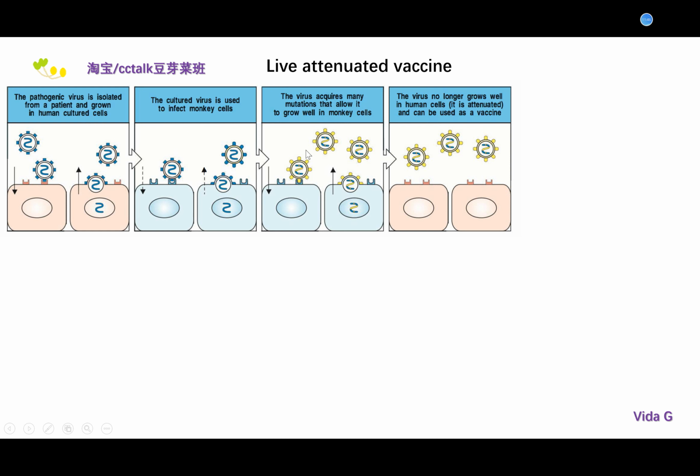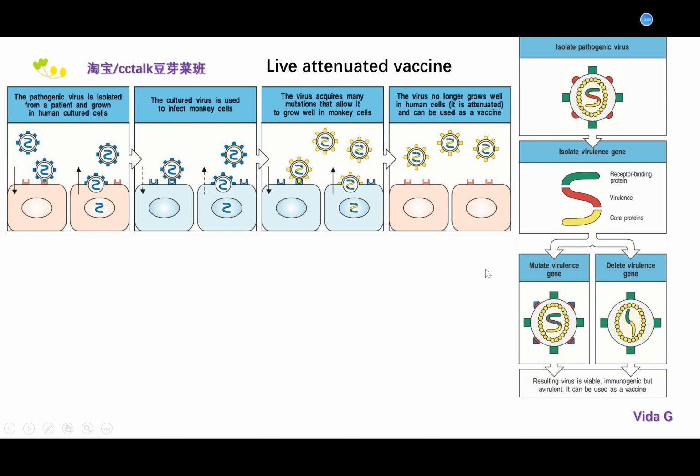And after a few generations, the virus will no longer grow well in human cells. So it is not as virulent as the original pathogenic virus, which is to say it has been attenuated. And there is another technique we can use to produce live attenuated vaccine, which is by using the DNA recombinant method.